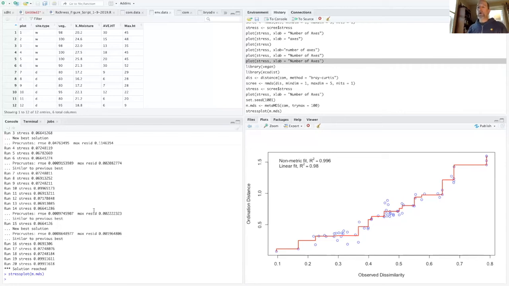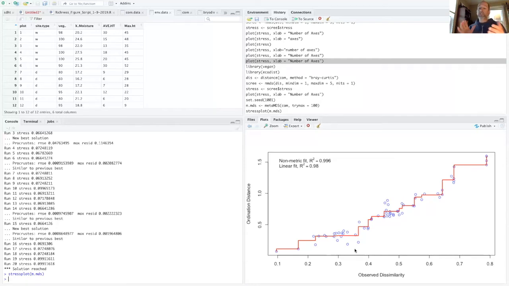So how far apart points are in the ordination versus how far apart they are in reality in terms of shared individual species. For each individual species, you can see how far apart each plot is. You can combine that for all species in the data set, and mathematically you can calculate the dissimilarity.